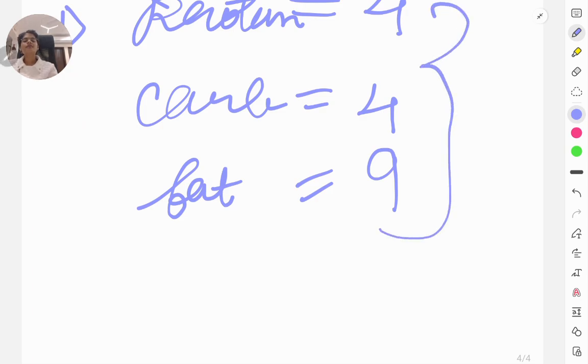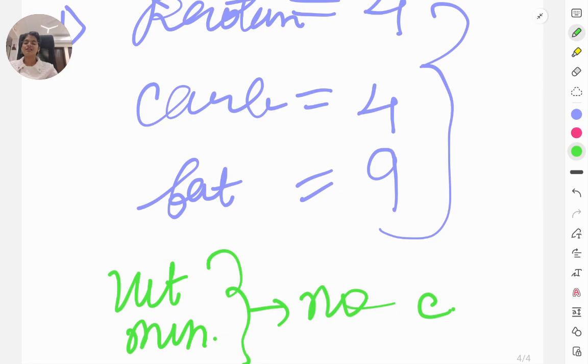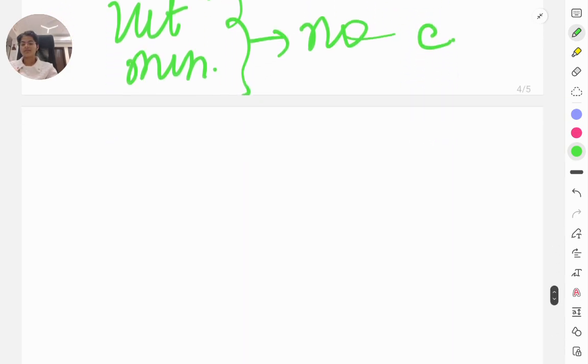This is what we saw for the macronutrients, but what about the micronutrients? Micronutrients, consisting of vitamins and minerals, have no calorific value. Although they are involved in several important body functions, even the generation of energy, still there is no calorific value for them.